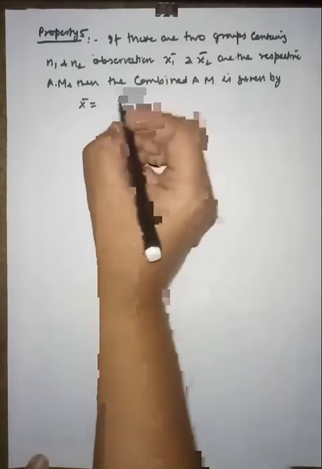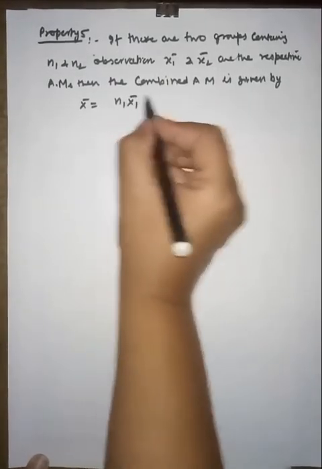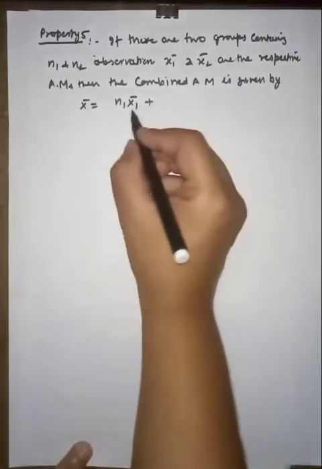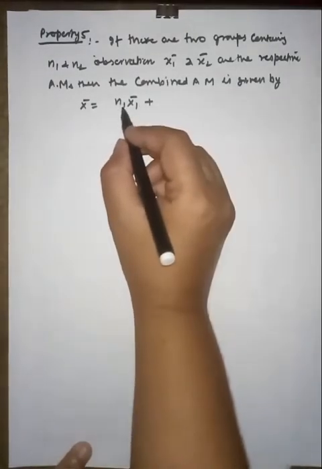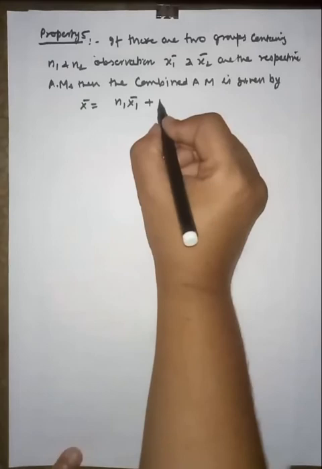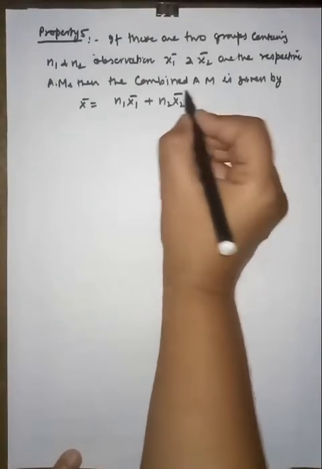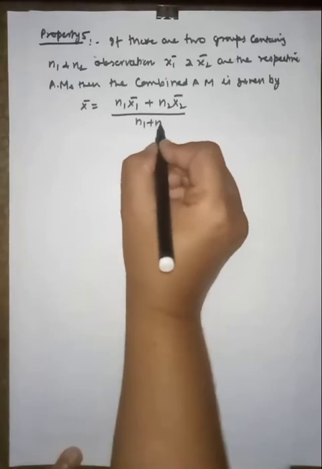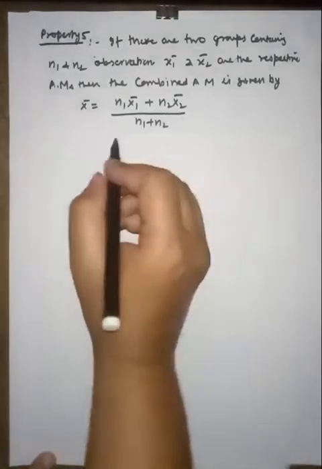x bar equals n1 x1 bar, where this is the arithmetic mean of the first group and n1 is its number of observations, plus n2 into x2 bar, upon n1 plus n2, right?